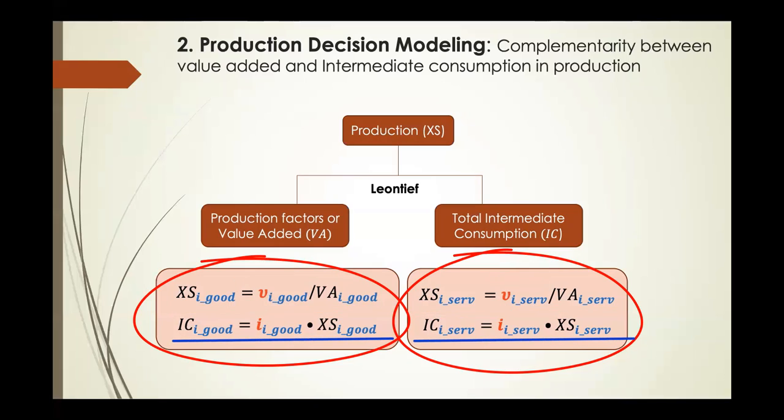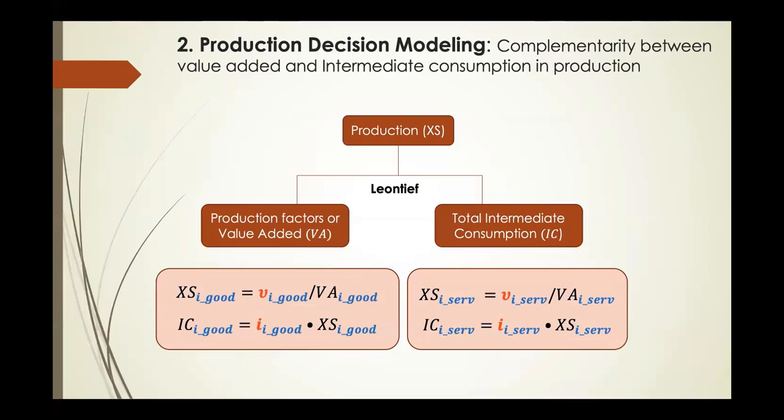The bottom equations specify the relationship between production excess and total intermediate consumption, here also in a fixed proportionality with the parameters that are associated to this functional form. Here it's I.